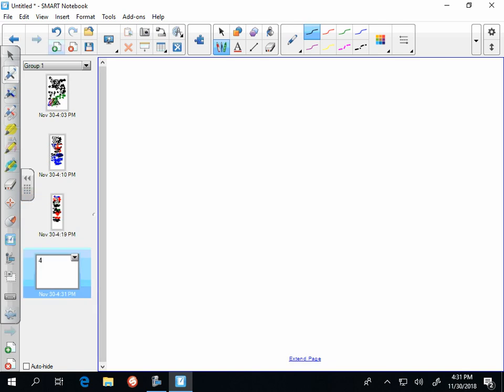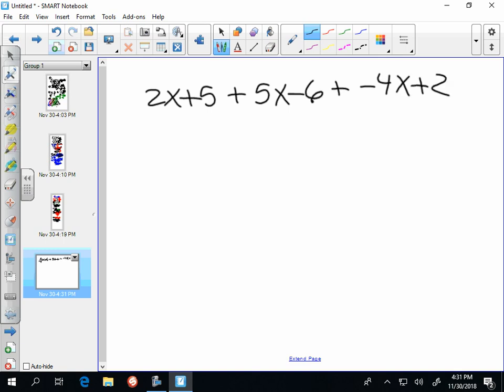Problem 11, what is the average of the expressions? Well, I'm going to add up all those three things and divide by 3 expressions. 2x plus 5, plus 5x minus 6, plus negative 4x plus 2. I want to add up those 3 expressions, and then I want to divide by 3 expressions.